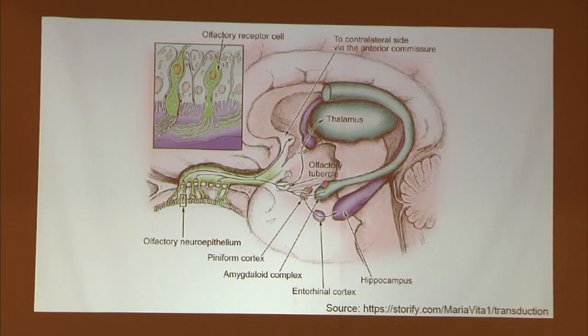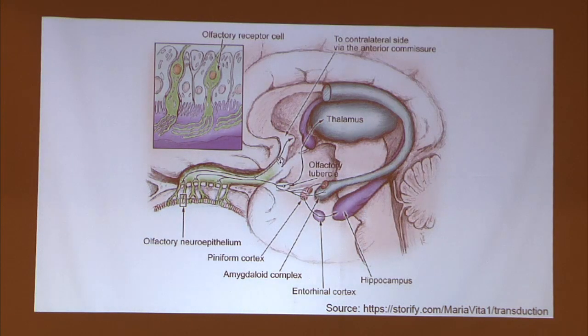And you can see that not only does olfaction have neurons that go to the thalamus, but they go directly to the amygdala area and the hippocampus area, without going to the thalamus first. Also, like the optic nerve doesn't go through here.